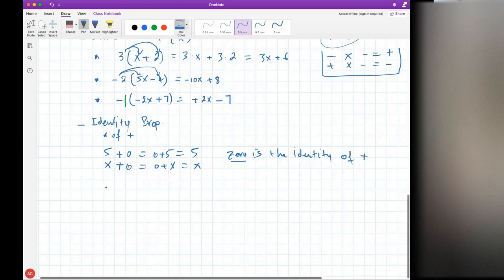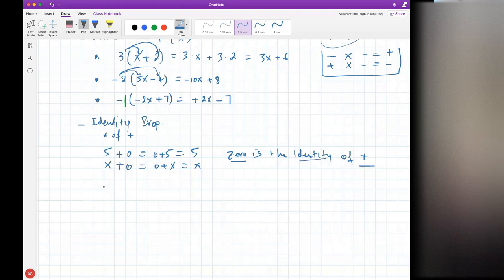We also have an identity for multiplication. So if 0 is the identity of addition, what is the identity of multiplication? 1. That's right. So 0 does not change addition, the same way 1 does not change multiplication.